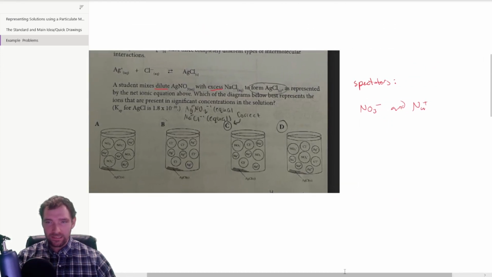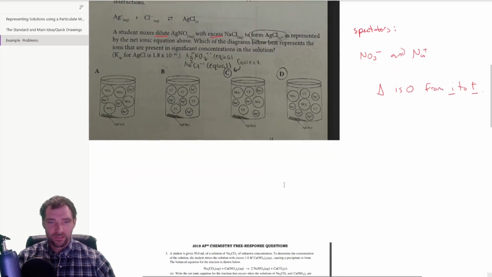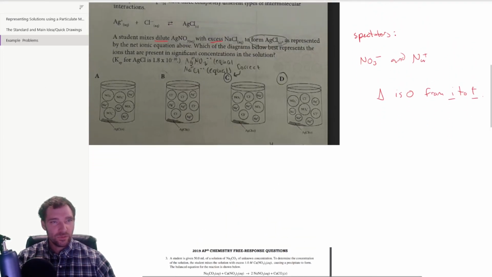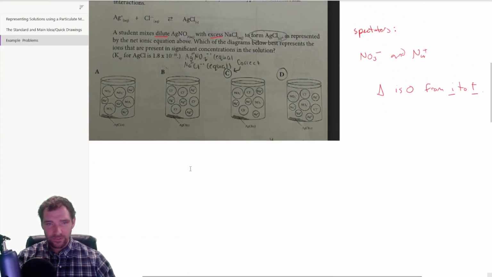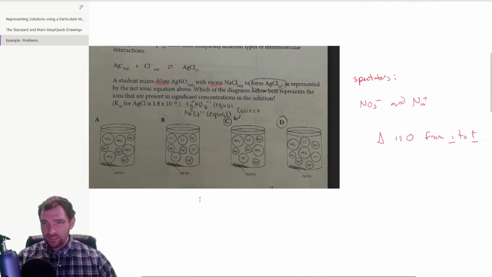So basically, the change is 0 going from initial to final. They should have the same amount of stuff in the final and initial situations, or our drawings or lists. So we've got some sort of reaction, and we know those spectator ions are involved.